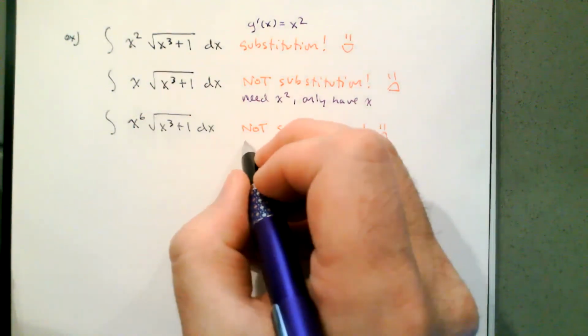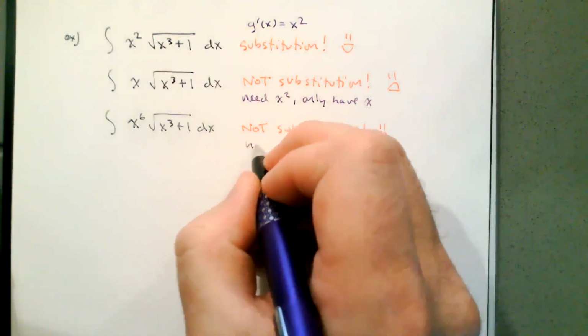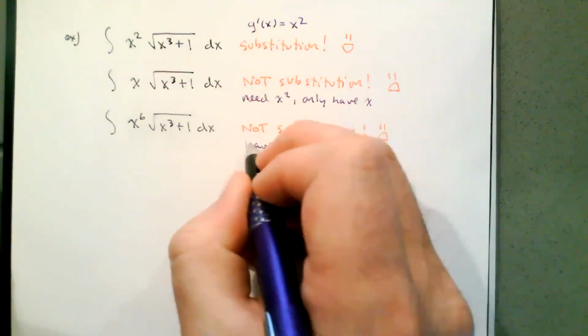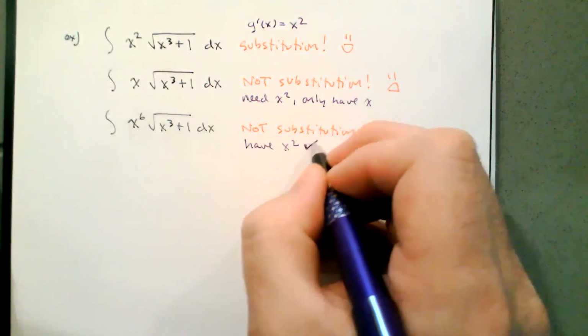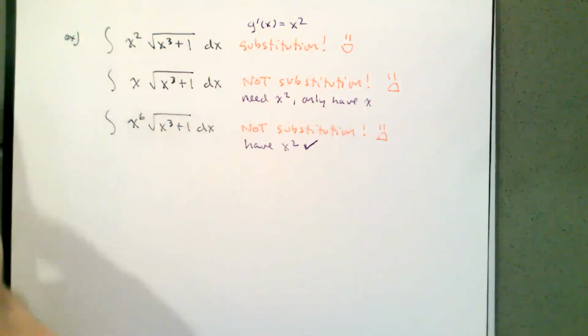I need x squared. So I have x squared, but what are we going to do? So that's good. But what are we going to do with the other x to the 4th?